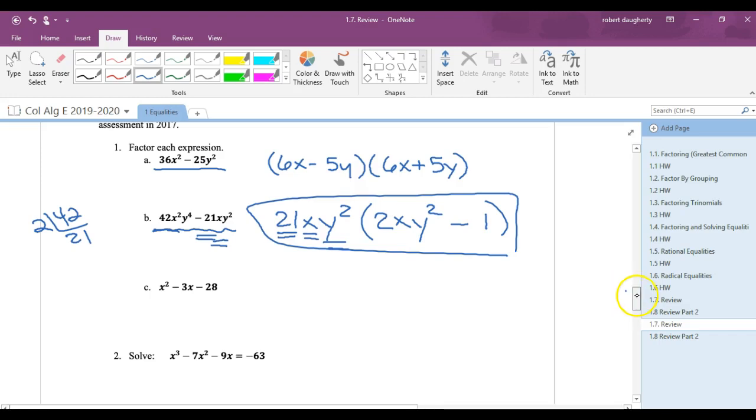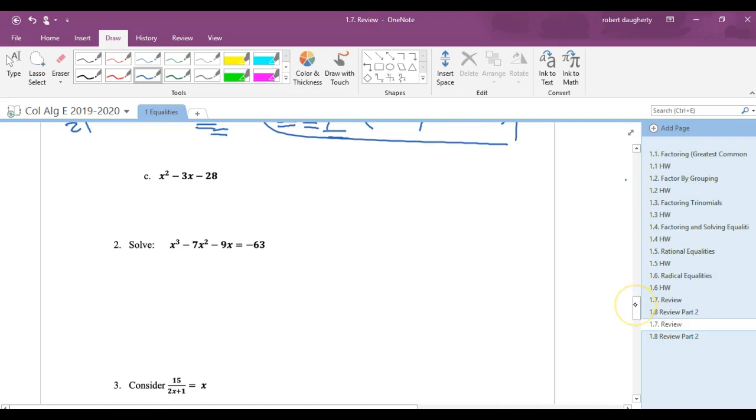Factoring the next one. 3 terms, quadratic. I'm going to use the method of finding two numbers that multiply to negative 28 and add to negative 3. So 28 can be 1 and 28, 2 and 14, or 4 and 7. These are the only choices.